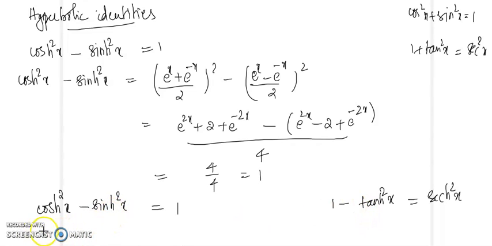And similarly, if you divide by sinh square x, that will give you coth square x minus 1 equal to cosech square x. So these are the main identities. You have a few more identities.